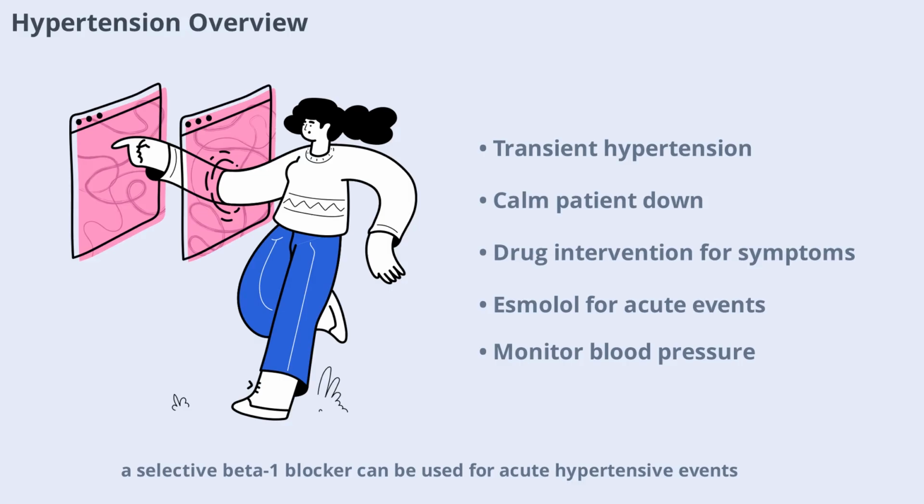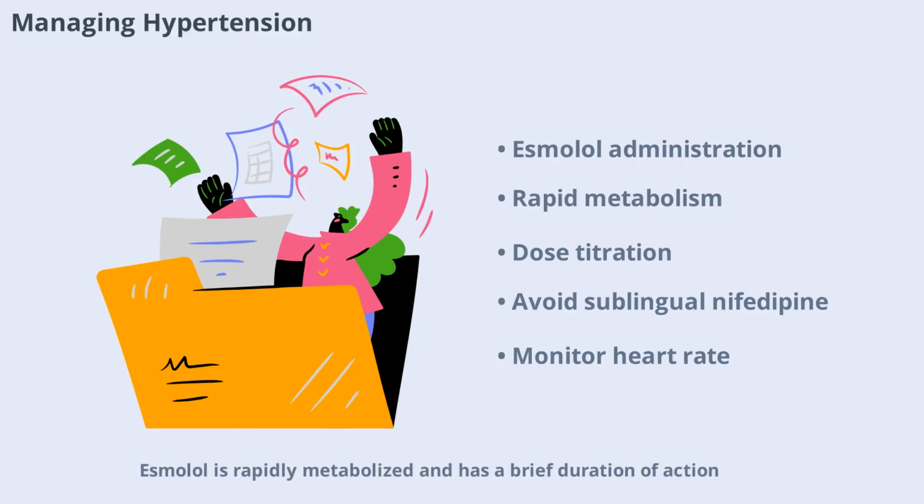Esmolol, a selective beta-1 blocker, can be used for acute hypertensive events, with dose titrated to repeated measurements. Esmolol is rapidly metabolized and has a brief duration of action, making it suitable for acute hypertensive events. It's administered as 0.5 milligrams per kilogram over 1 minute, with 20 milligram increments every 1 to 2 minutes.